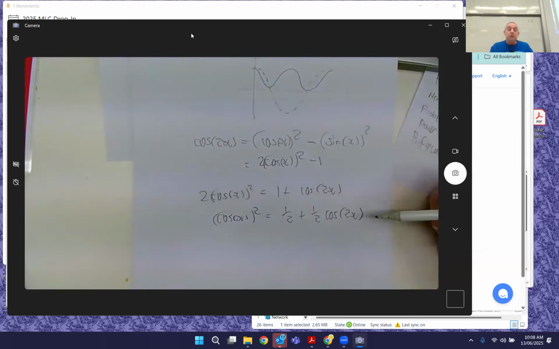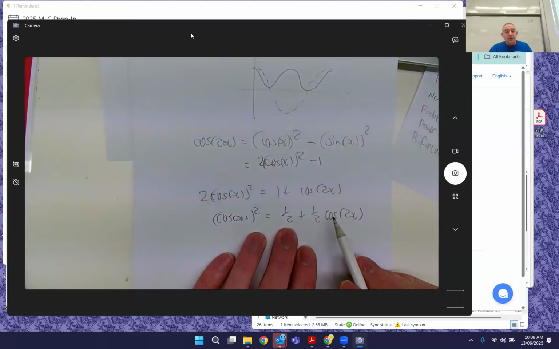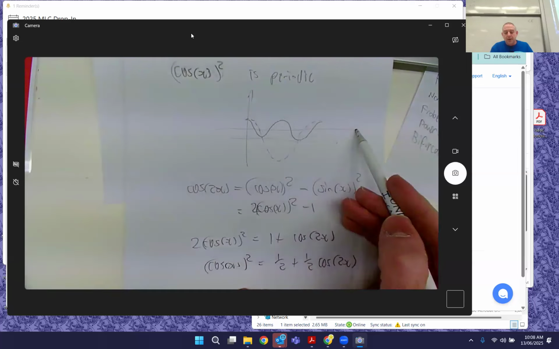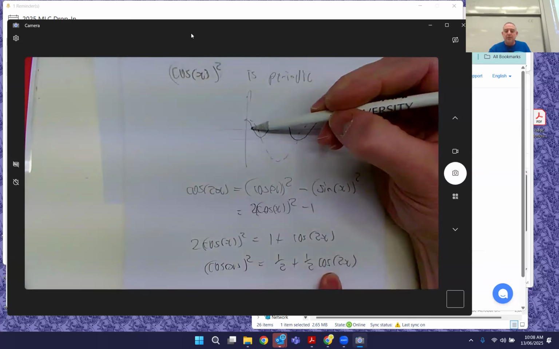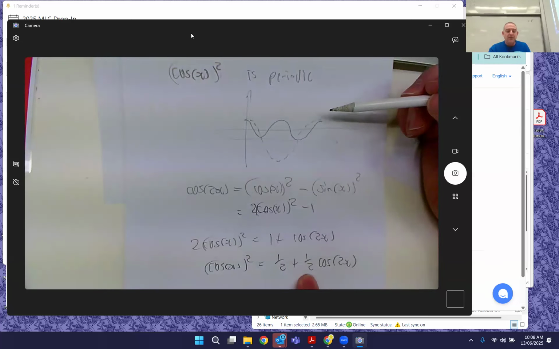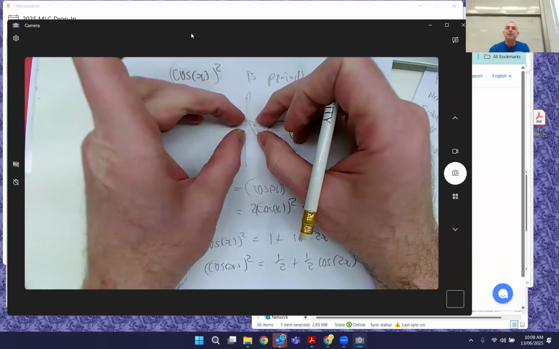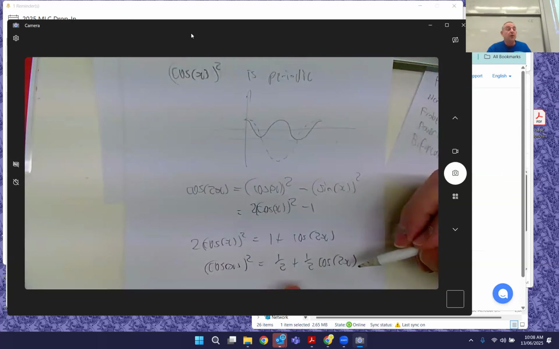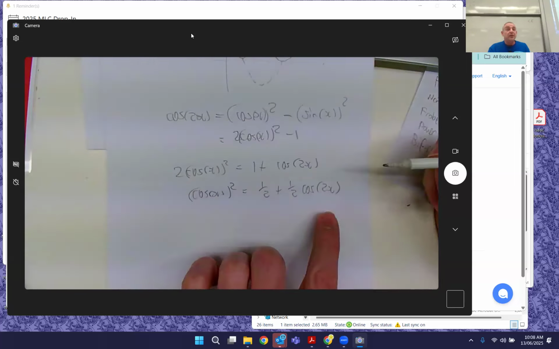Now, this is what we did back in the day when we first learned trig identities. What this is saying is that there's my half, and there's cos 2x, which is running twice as fast as cos x. And it's only half of cos 2x because it only goes up and down half instead of up and down 1. So this graph really is a cos curve. But look, this is a Fourier series.